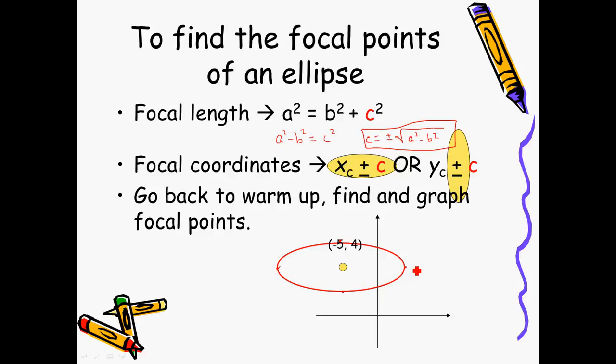We had the vertices. Rx was 6, right? And that was A, since it was bigger than Ry, which was 2.